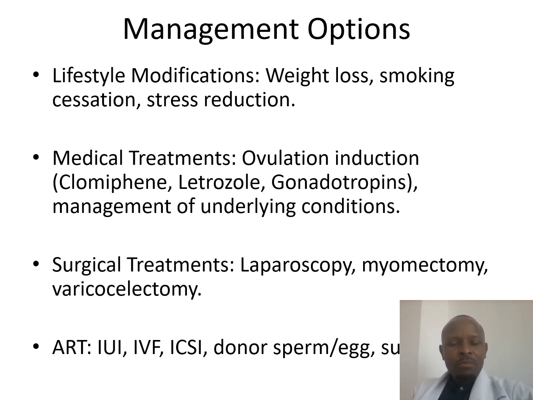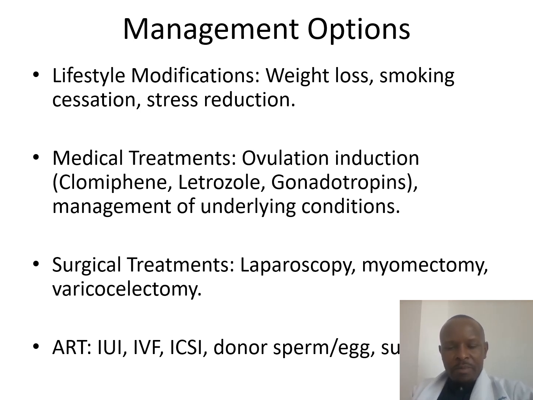Now, your management options, of course, depend on the cause. And some of the measures that don't require a doctor include lifestyle modification, weight loss, you stop taking toxins, stress reduction, heat reduction for the male, amongst others.